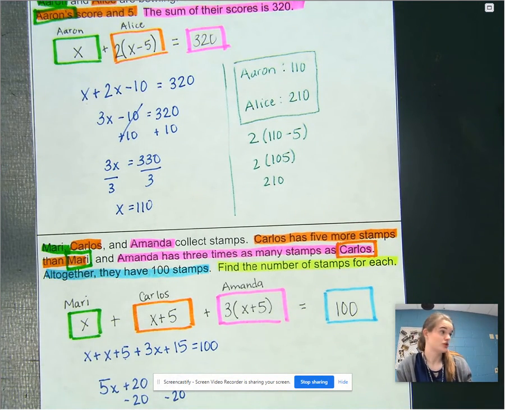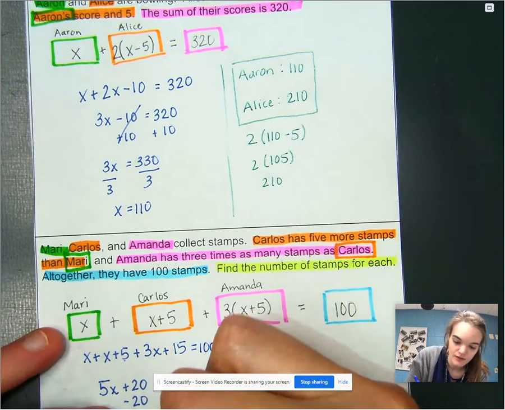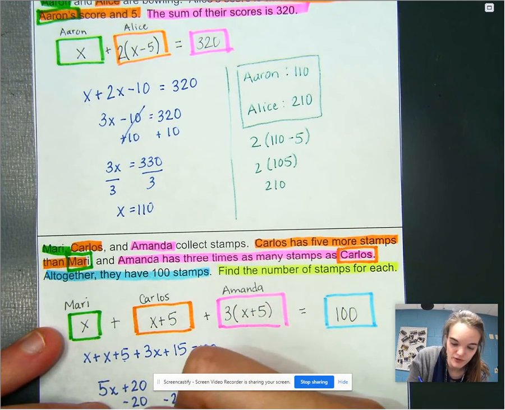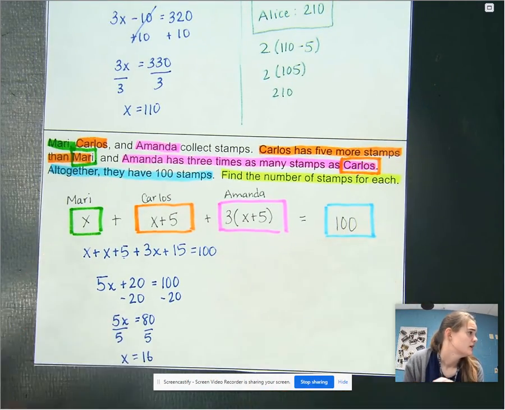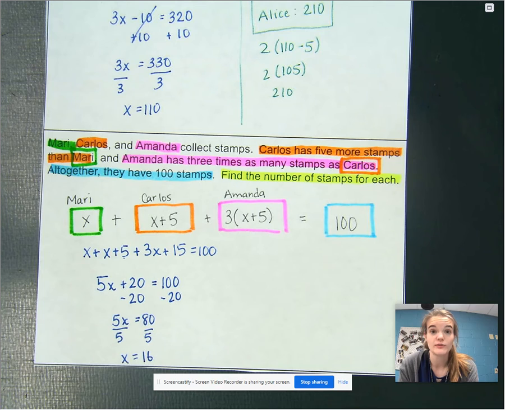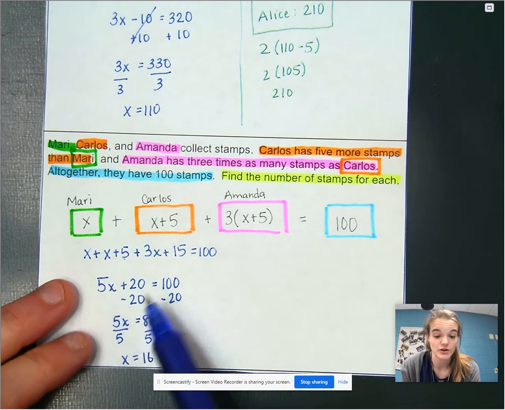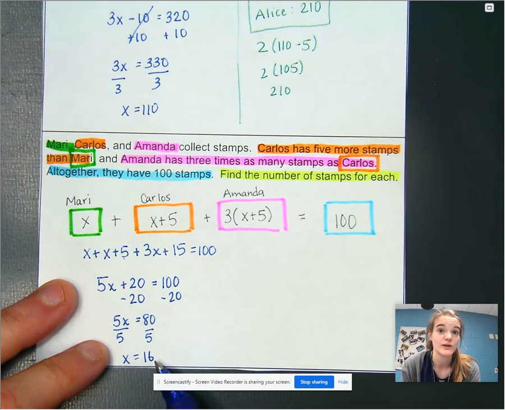I shouldn't need a calculator, but sometimes you do. 80 divided by 5 is 16. So x equals 16. You can't see that. I'm very sorry that I did all that and you could not see it. So I'm going to leave that there for a minute. We subtracted 20. We divided by 5. We got x equals 16.